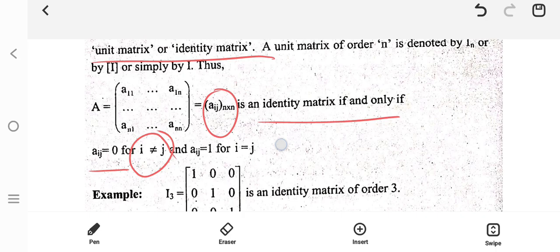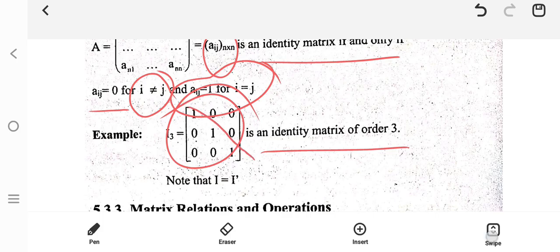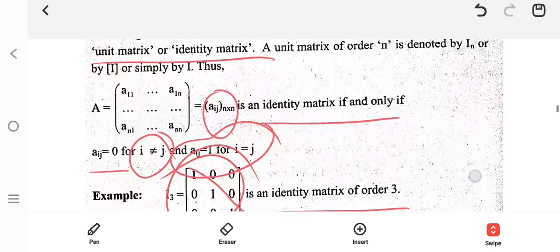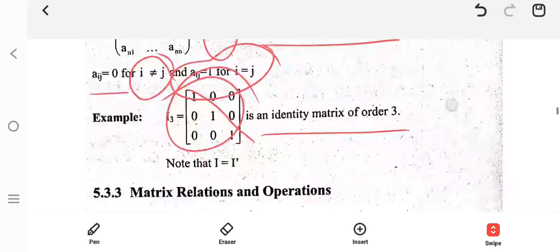And Aij equal to 1 for i equal to j, right? So here this matrix is an identity matrix of order 3, right? So here the diagonal elements are 1. Okay, so this is our identity matrix, right?